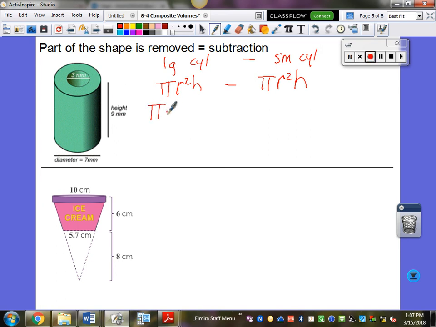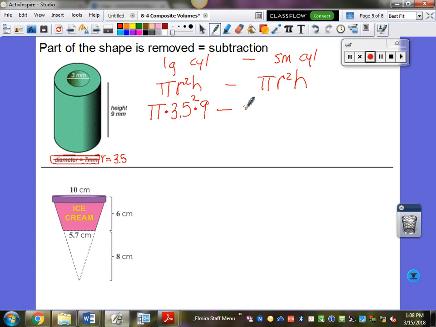Subbing in, pi times. Okay, so I need a radius of the large cylinder. Well, the diagram says that the diameter is 7. I don't want diameter, I want radius, so I'm going to cut that in half. The radius equals 3.5. Half of 7 is 3.5. And the height of the large cylinder is 9.